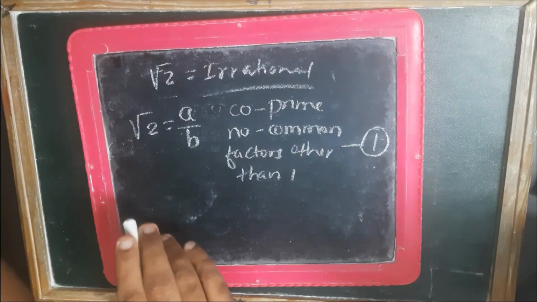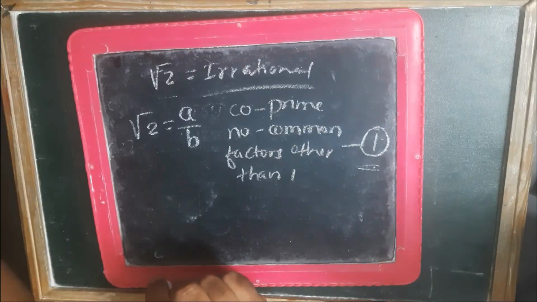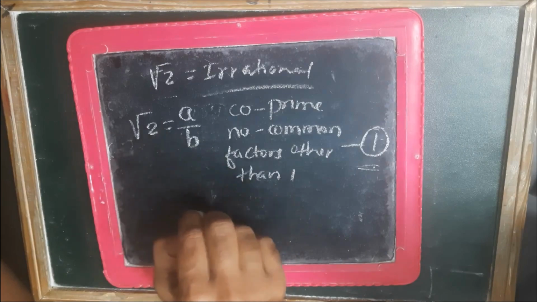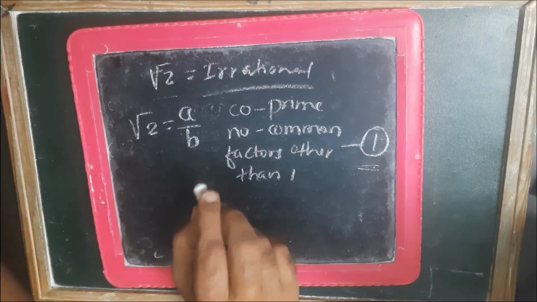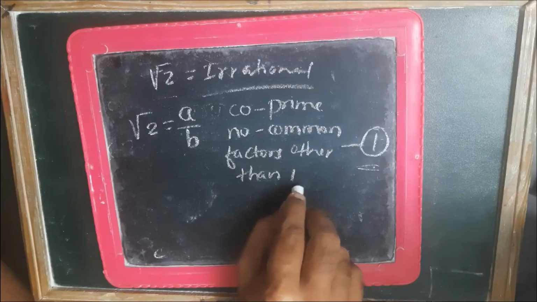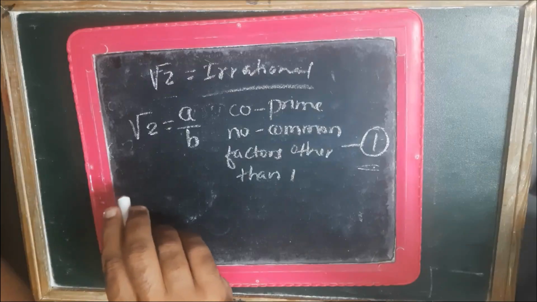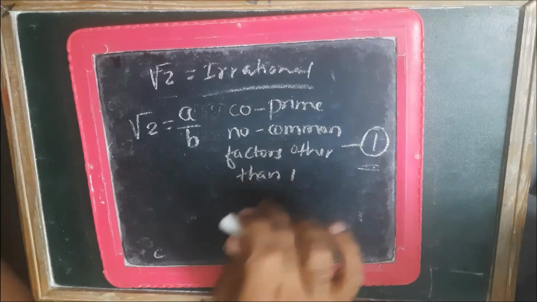And we try to prove that this statement is wrong using a contradictory method. This is a co-prime, no common factors. And when you prove the contradictory statement opposite to this, then we can say that square root of 2 is irrational. Now we know that it's a co-prime.